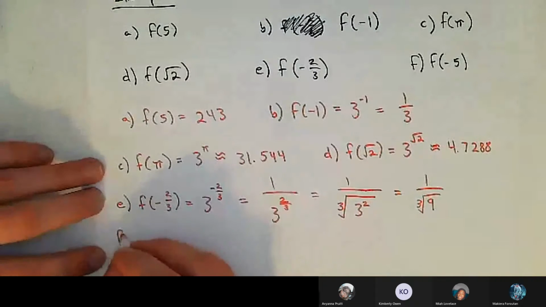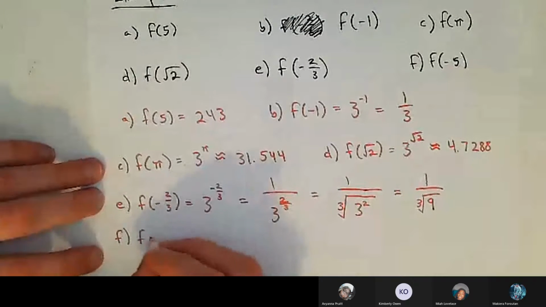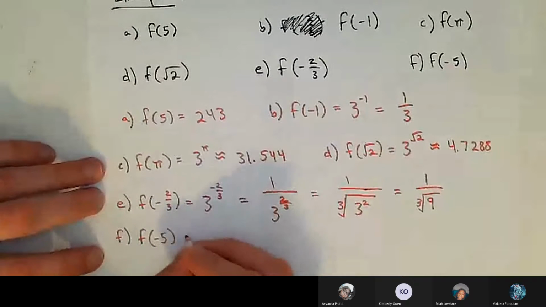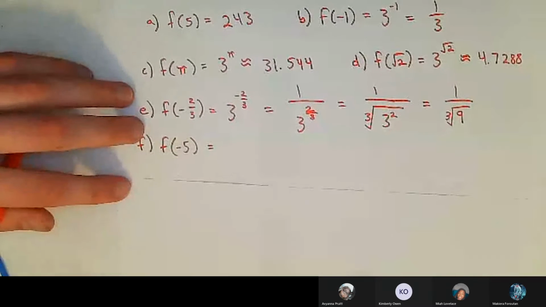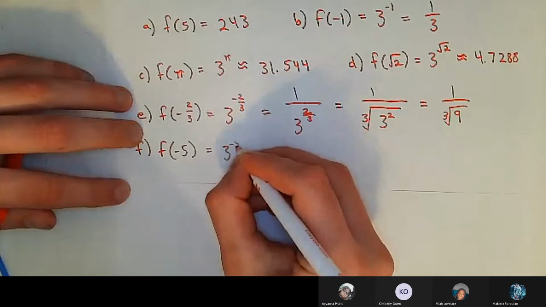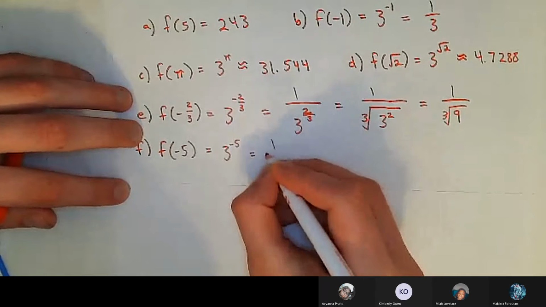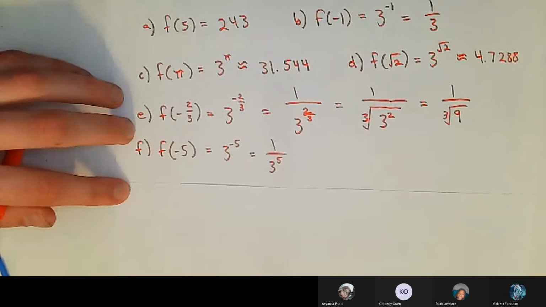Now what about if I make the negative input even larger? So f of negative 5 is the same as 3 to the negative 5th, which is the same as 1 over 3 to the 5th by that negative exponent rule.